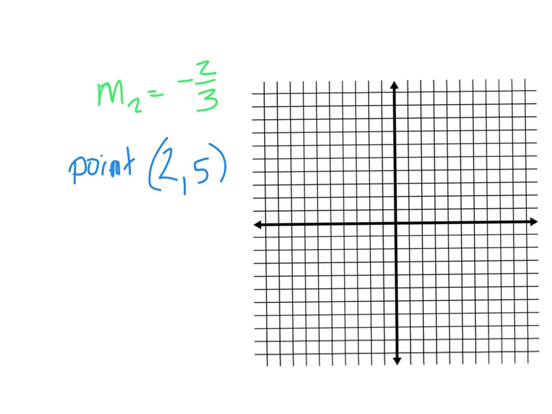So can I graph it? Yeah. So I go to 2, 5. So over 2, 1, 2, 3, 4. So there's my first point. What's my slope? Down 2/3. And I have a line.